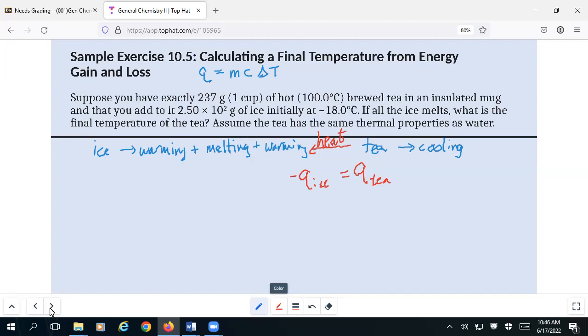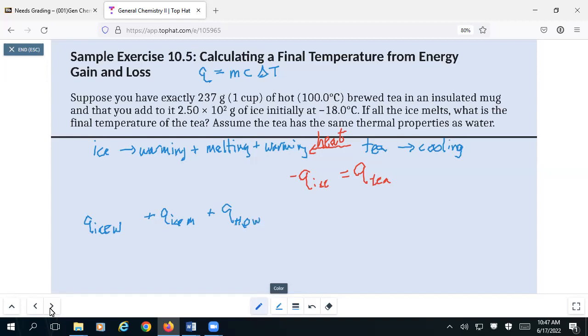So now we just need to figure out how much heat are we talking about here? Because the heat of the ice is a series of processes. We have to have the heat of the ice warming plus the heat of the ice melting plus the heat of the now melted ice, so we'll call that water, warming.